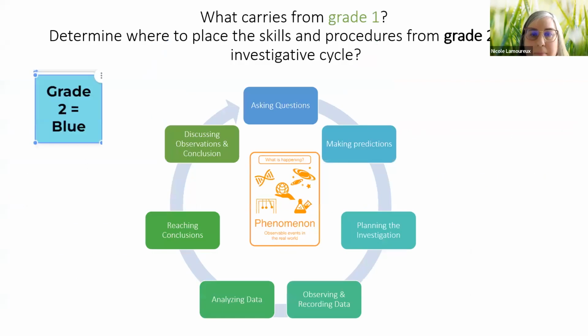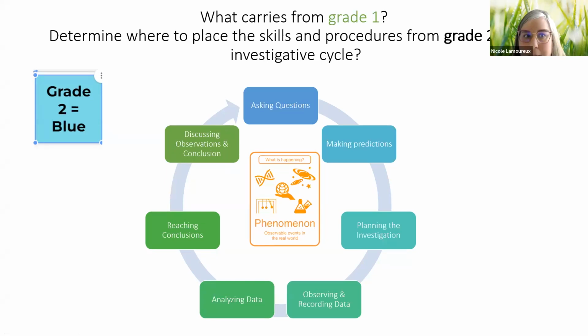Now, I'm not going to do the breakout because it didn't work for some of you, and I think that's going to cause some frustration. So what you can do is I'm going to get you to think about what is going to be carried forward from grade 1. So we've already talked about making predictions, observing and recording the data, and reaching conclusions.